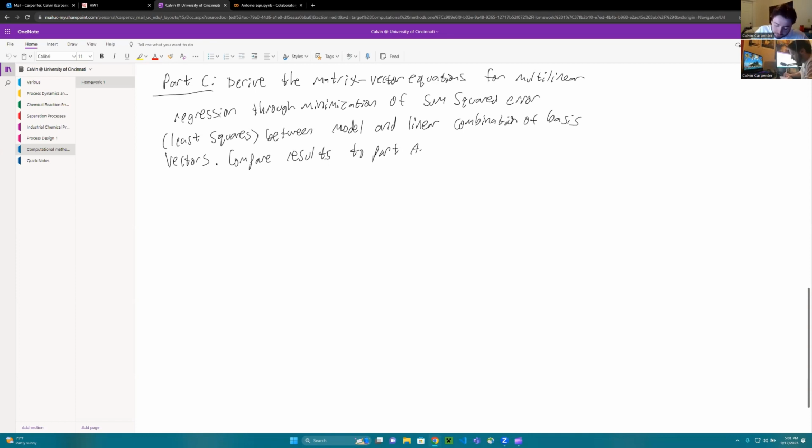Our error equation is going to be our desired vector y minus the summation of ci phi i, where the summation is going from 1 to n. So our sum squared error is going to equal the dot product of this times itself.